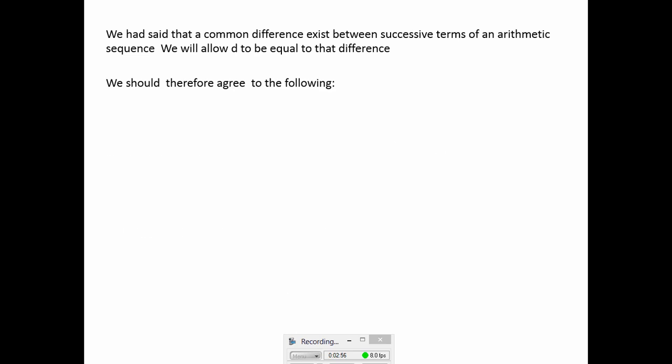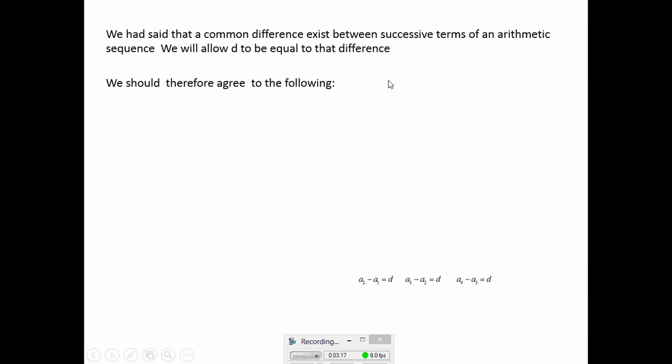So we agreed to the following, okay? There's a common difference between any two consecutive terms. So the second term, A2, minus the first term, A1, that's some difference value, okay? For the one we looked at previously in our example, the difference was 3, okay? But we're just going to keep it in general now.